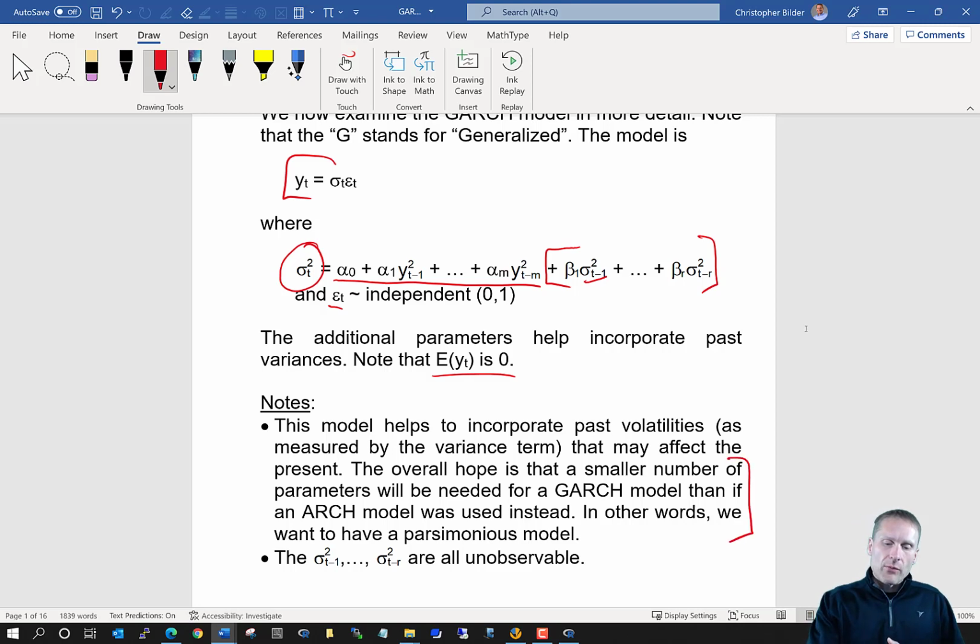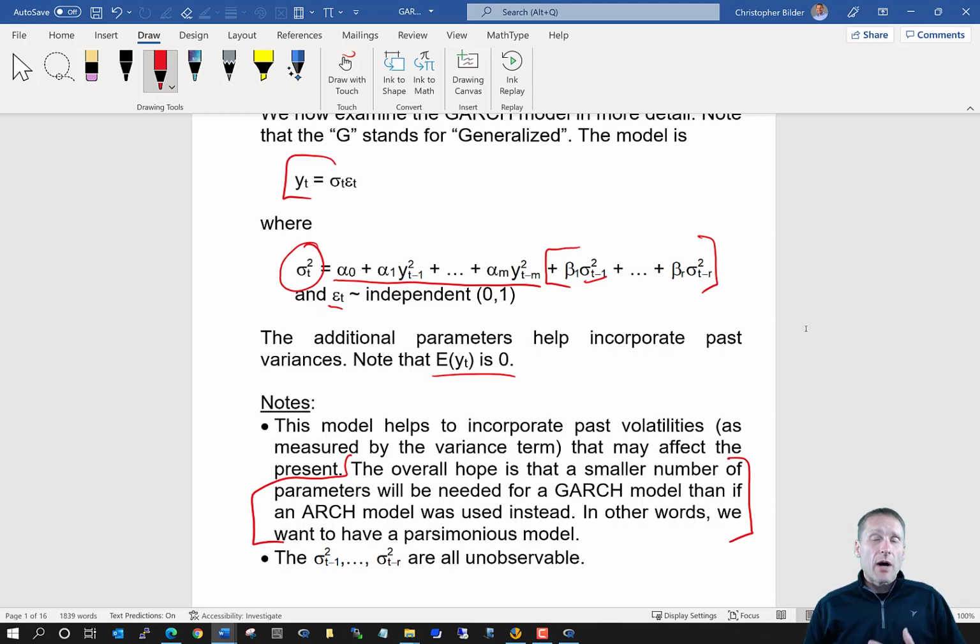The reason these models were introduced was to look at ways that we can explain sigma squared sub t using a smaller number of parameters than we would otherwise with just an ARCH model.